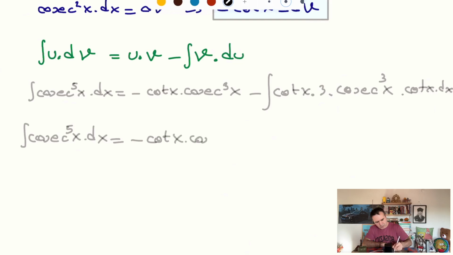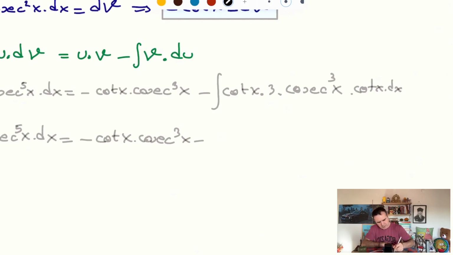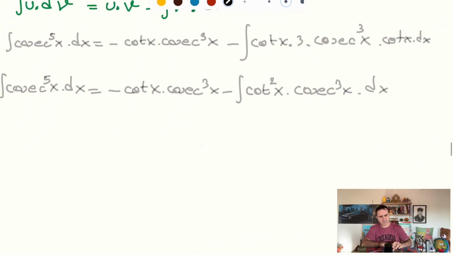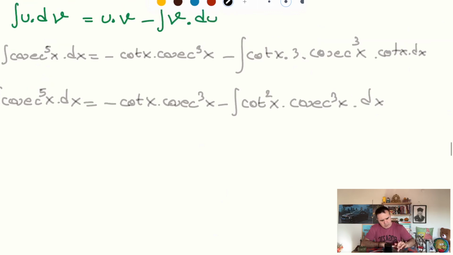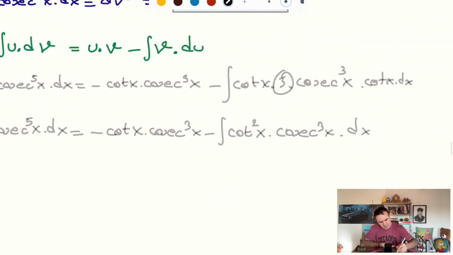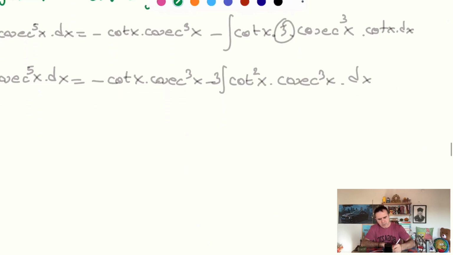Okay, then the integral of cosecant to the power of 5x dx equals minus cotangent x times cosecant cube x minus integral of cotangent square of x times cosecant cube x dx. See, we know that we have 3 here. I will take 3 here. Okay, we know that cotangent square of x is equal to cosecant square of x minus 1.